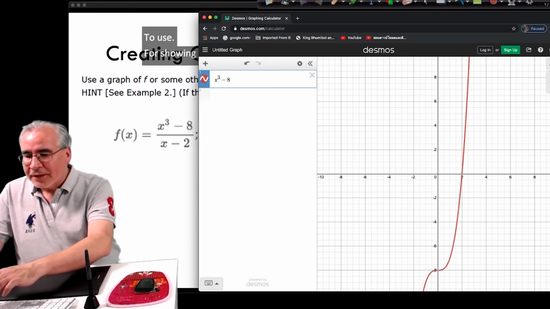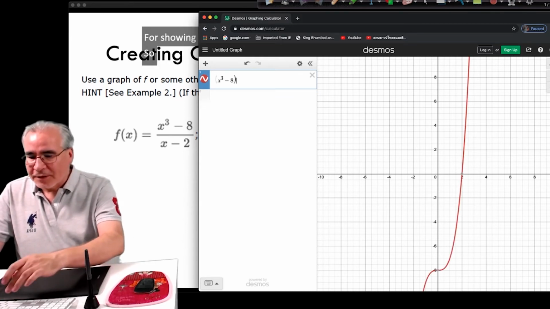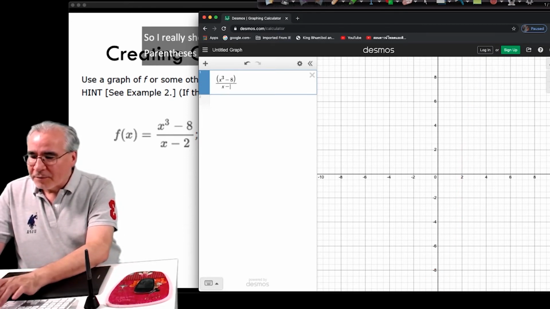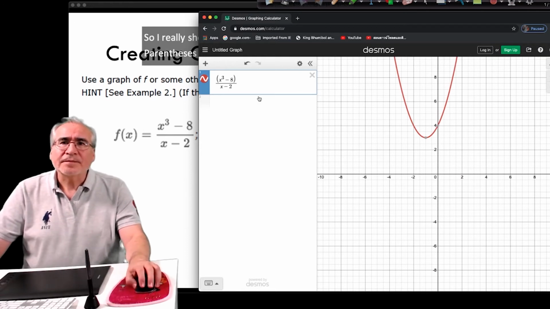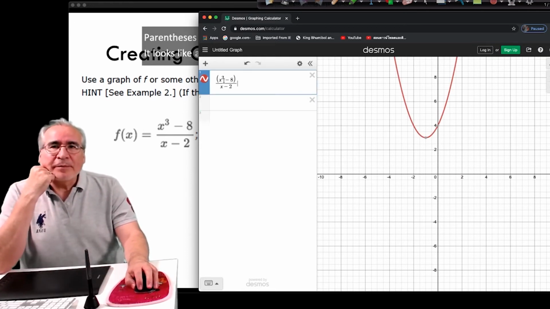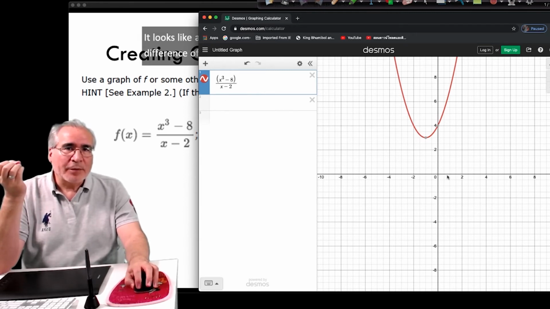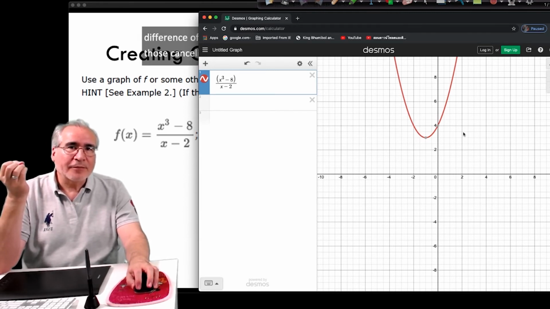Yeah, so I really should put parentheses like that, and then we've got x minus 2. It looks like a parabola, and if you remember, x cubed minus 8 is a difference of cubes, it'll factor out into an x minus 2, and that's why we get those canceling. But what we want to see is what happens when x is 2.